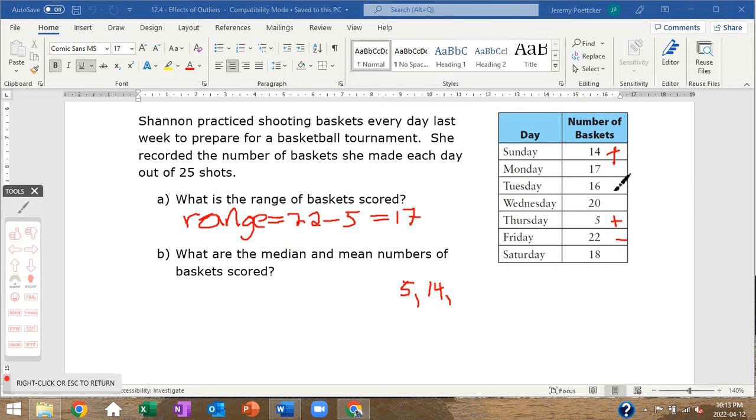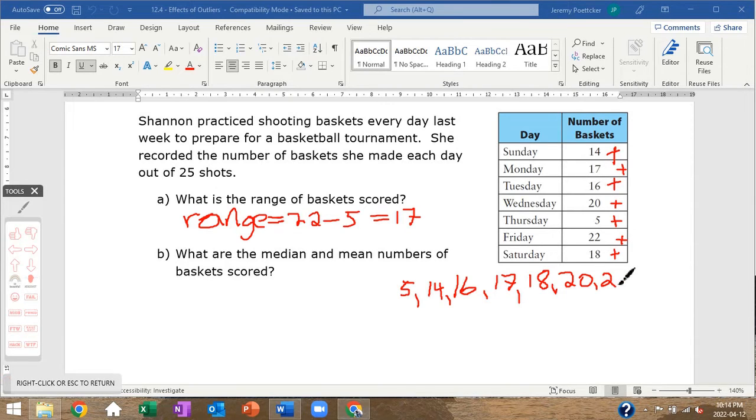No 15, but we do have a 16. 17, yep. 18, yes. No 19, but we have a 20. And a 22, there it is.